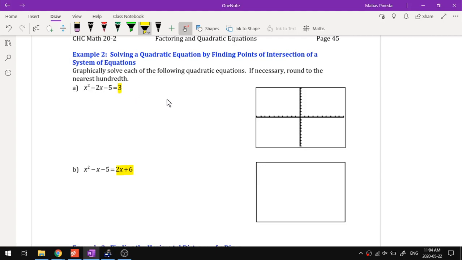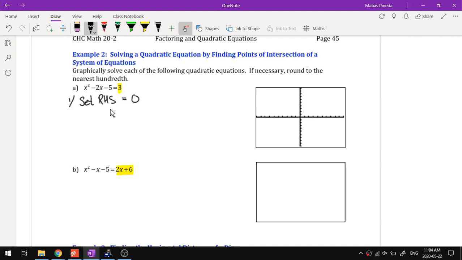So how will this change our approach to solving this quadratic equation graphically? Well, there are two basic ways we can do this. The first way would be to set the right-hand side, which is 3 here, equal to 0. How do we do that?